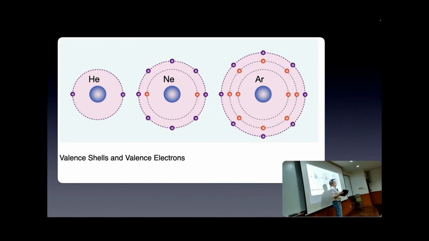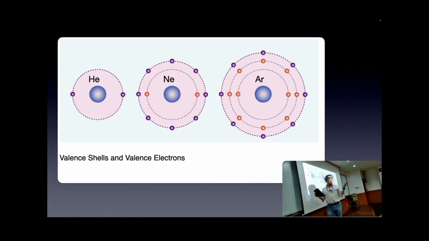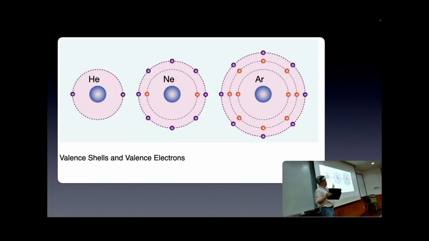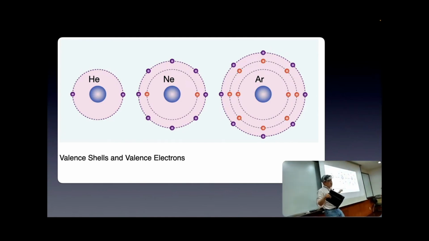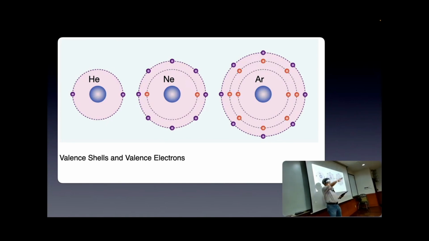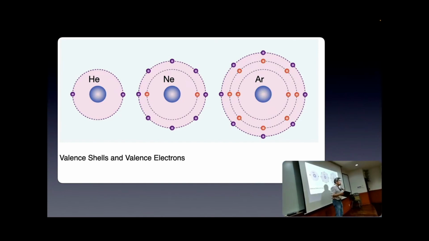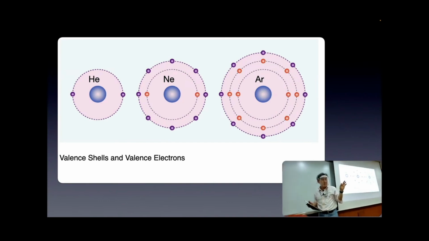So as a given atom gets bigger and bigger, the number of electron shells increases. However, the only thing that we need to know in this classroom is that the very outside electron shell is the only thing that matters for our purpose. We call it the valence electron shell.